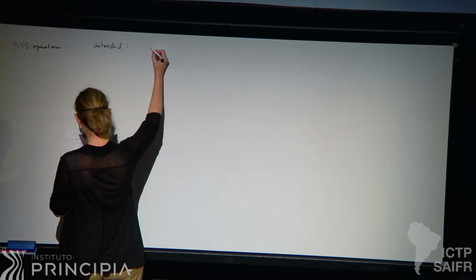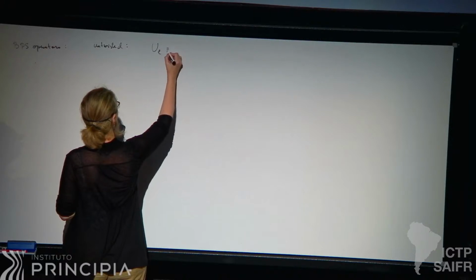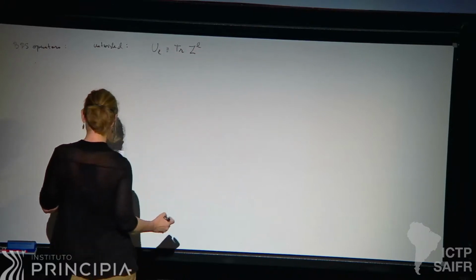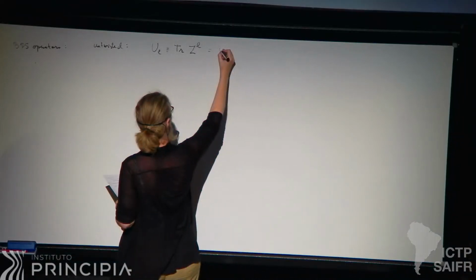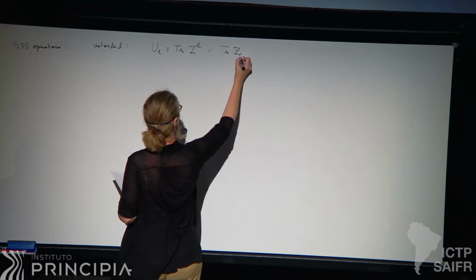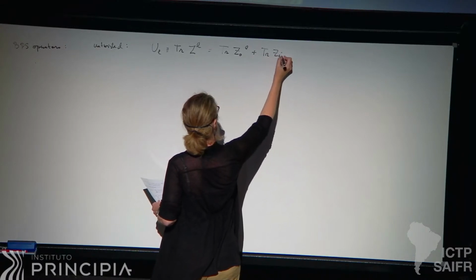These operators, I will call them UL, and they are given by trace Z to the L. So in terms of these matrices on the block diagonal structure of Z, we have trace Z0 to the L plus trace Z1 to the L.